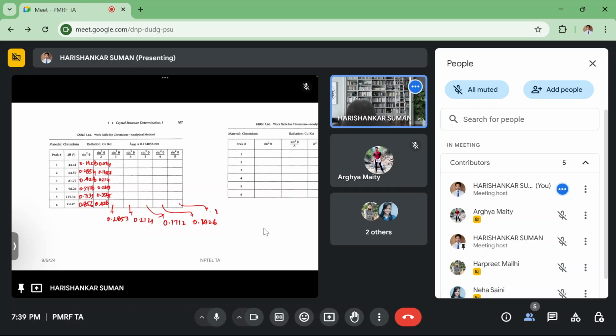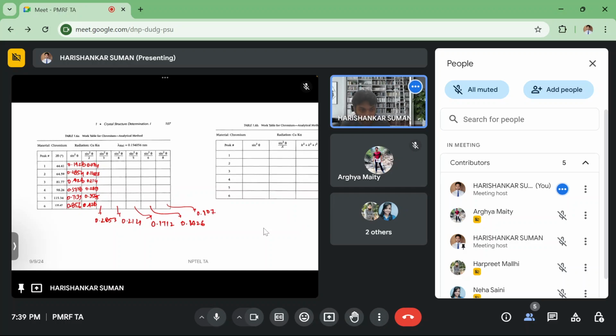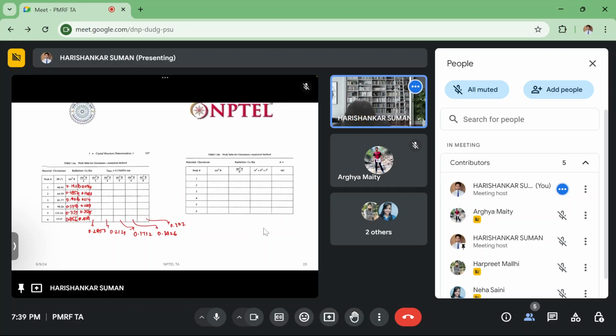This will be 0, 7. Okay. Similarly, you can calculate these values.